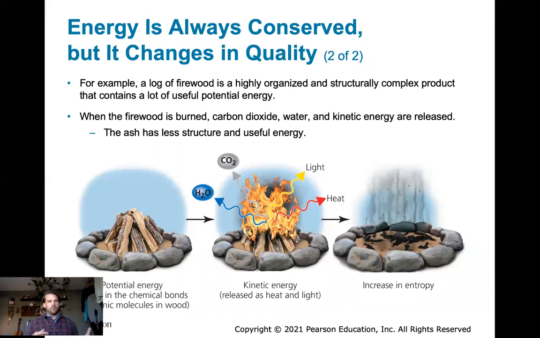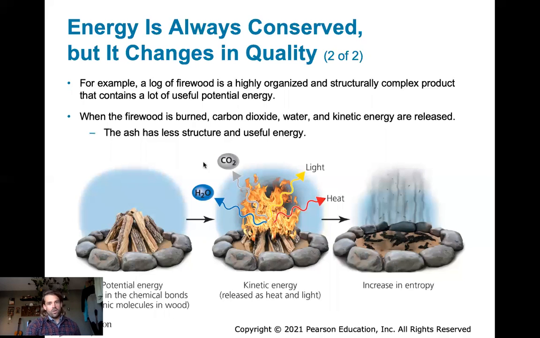So, for example, a log of firewood is highly organized and it's structurally complex, contains a lot of useful potential energy. And that potential is just in the actual bonds of all the carbon molecules and other stuff that are sitting locked in that woody cellular matrix, okay? But when you burn firewood, carbon dioxide, water, and heat is released, and light, okay?